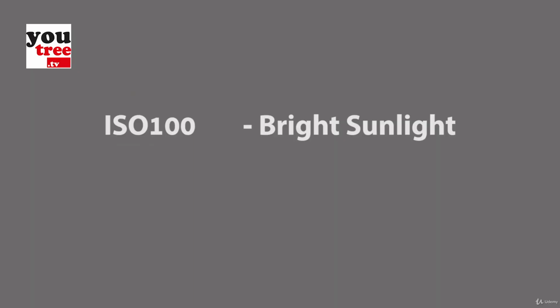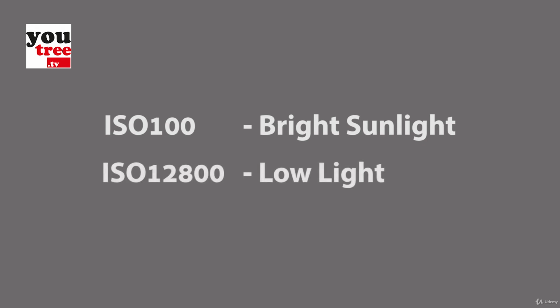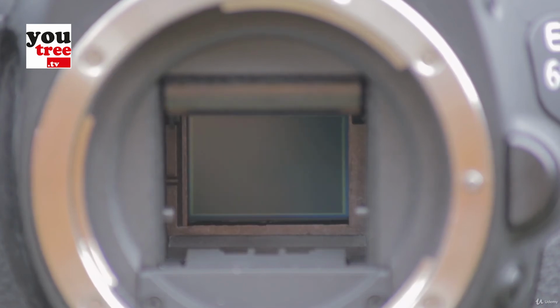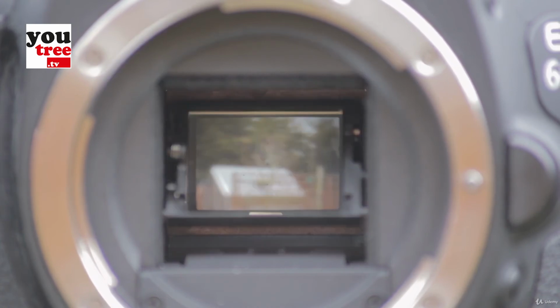An ISO 100 setting is used for bright sunlight and powerful studio lights, while settings of ISO 12800 is used for low light situations. However, by increasing the sensitivity of the sensor, the image becomes more grainy, with electronic noise interfering with the image signal.